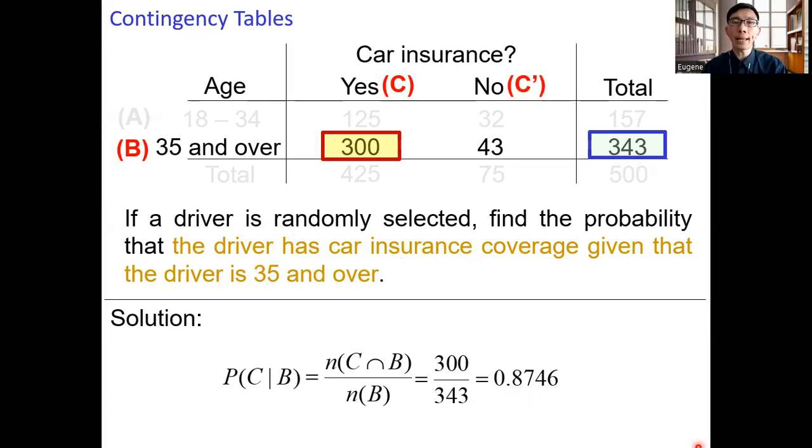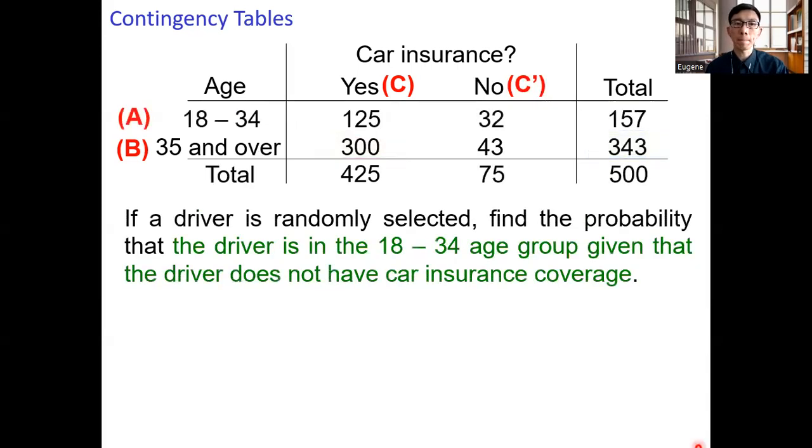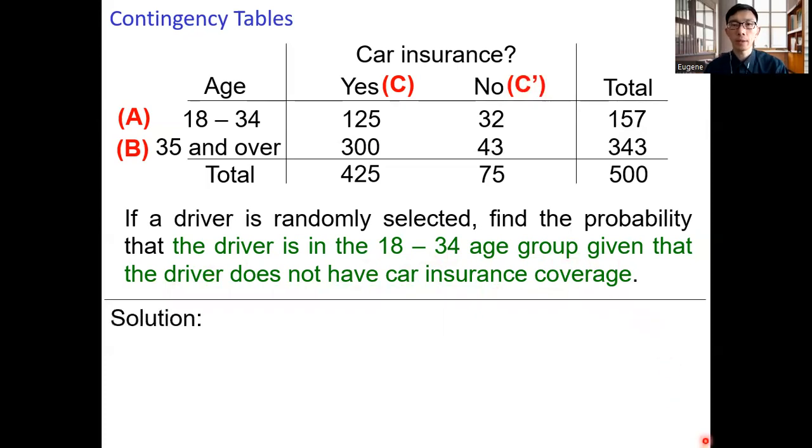Let's take a look at another question related to conditional probability. If a driver is randomly selected, find the probability that the driver is in the 18 to 34 age group, given that the driver does not have car insurance coverage. So here we want to find the probability of event A given the event C prime.